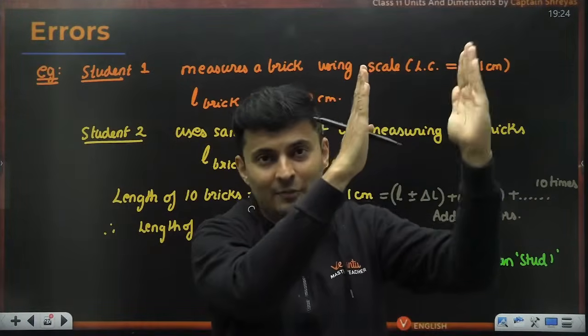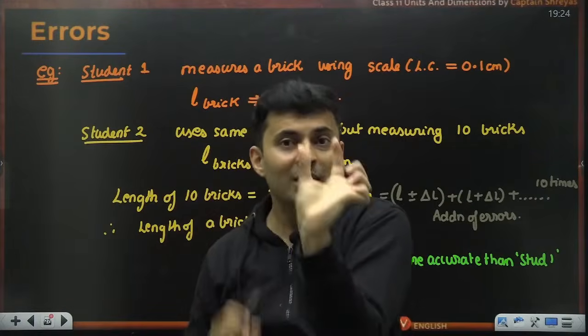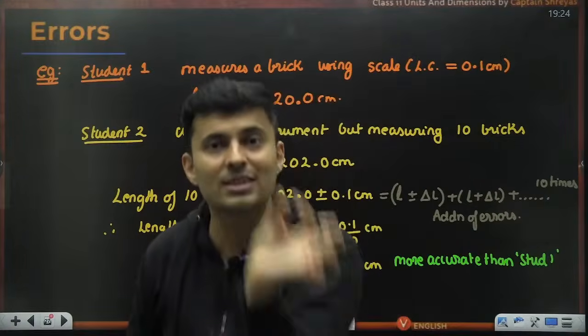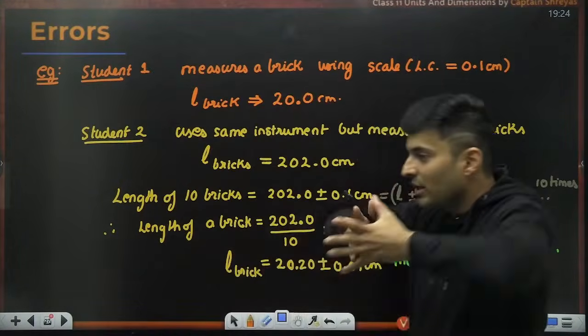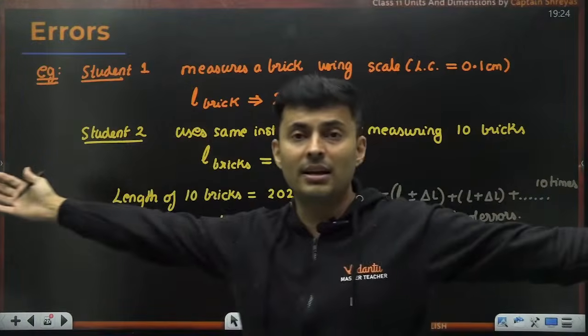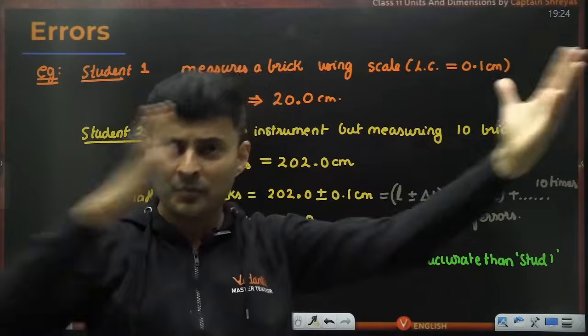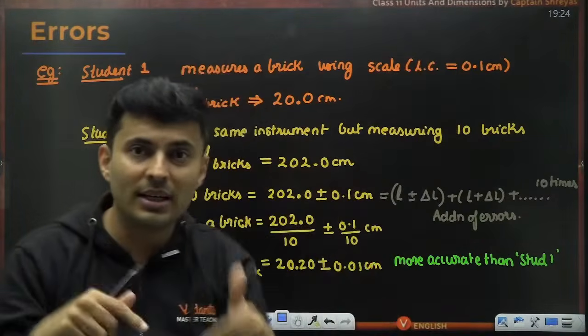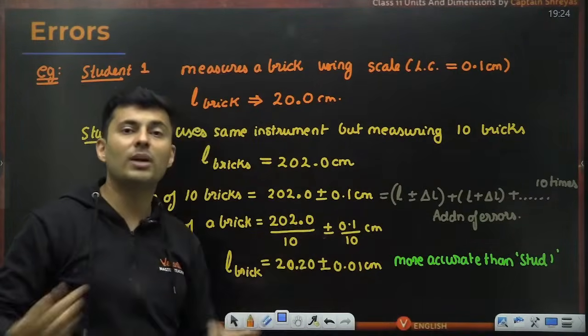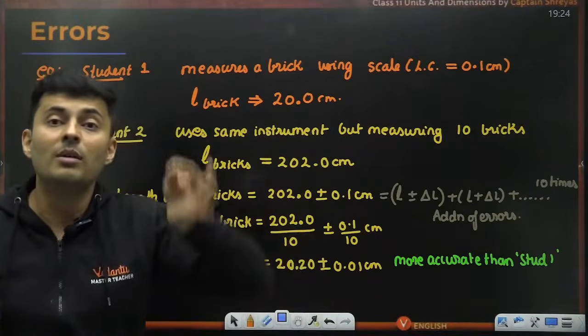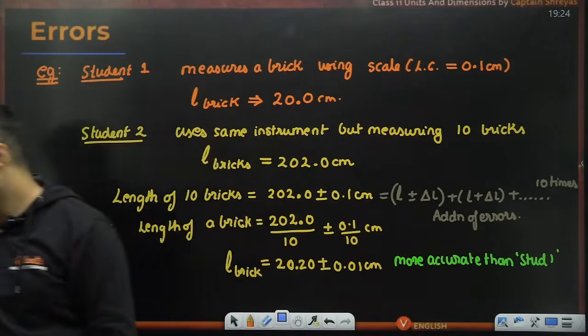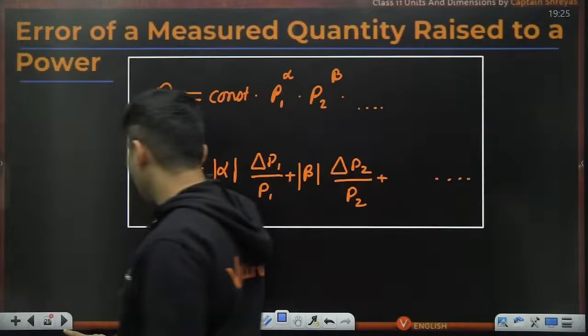So that error will now get divided per quantity. So the absolute error reduces per quantity. Because when you are measuring for 10, 15, 20, 100 items, that same error is there for the total items. So when you try to find it per quantity, that error will also get divided. So which means you will be more accurate. Clear now, Shravya? I hope this is absolutely fine.